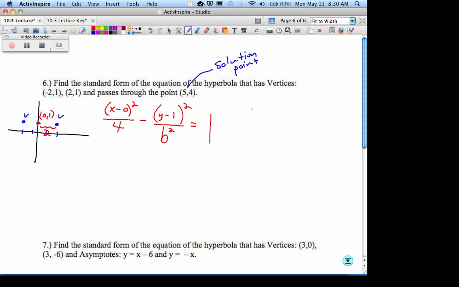So what we're going to do is put the 5 and the 4 in for the x and the y. So it would really look like 5 minus 0 quantity squared over 4 minus 4 minus 1 quantity squared over b squared. So I'm going to pause the video again. With somebody sitting near you, try to get b squared. Do that now.